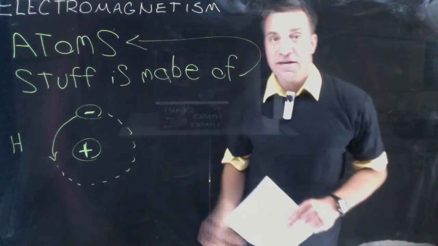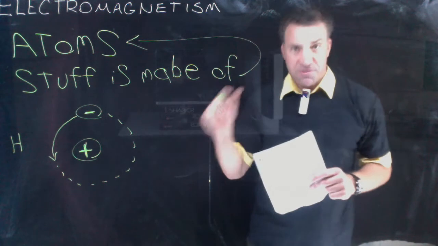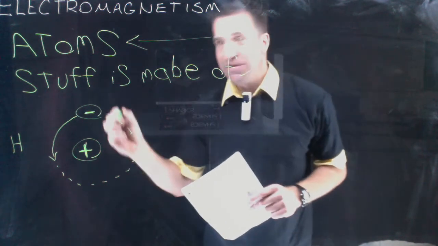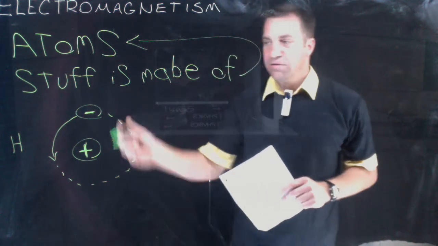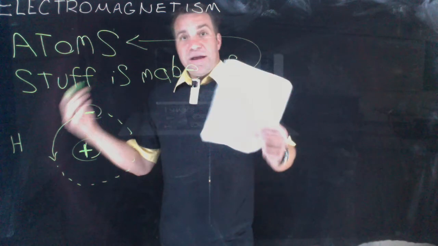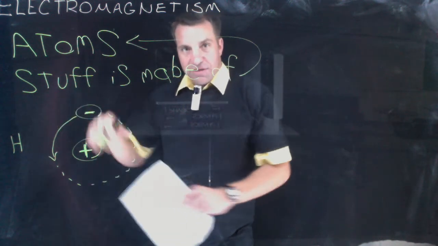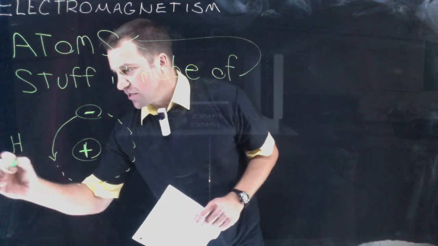And in the ground state, it's more or less whirling around in a circle. Now, when you get to quantum physics, of course, it's more complicated. You can't really talk about the electron having a specific position and going around. It gets a little fuzzier because of the wave functions in the cloud of the electron. But it's just a good starting point for thinking about a hydrogen atom.